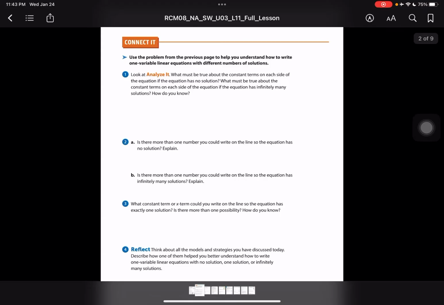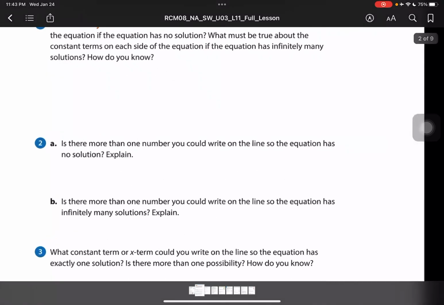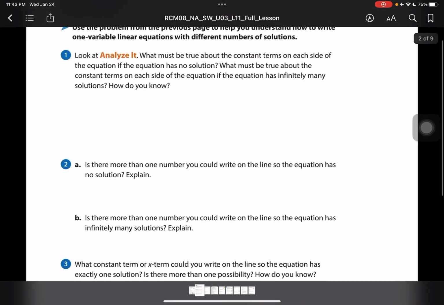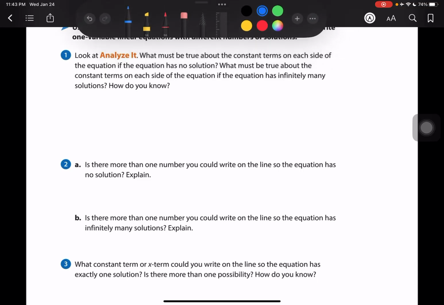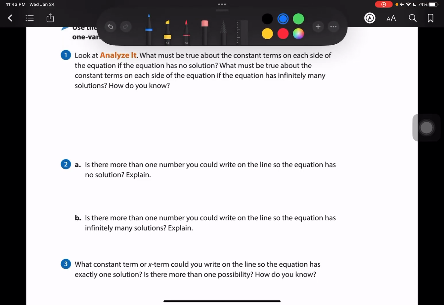Okay, now that you paused the video and you're back with us, it says look at the analyze it. What must be true about the constant terms on each side of the equation if the equation has no solution? Now we discussed all of this already, so it shouldn't be that difficult, but we'll walk through it. Okay, so we're going to go ahead and write this in.